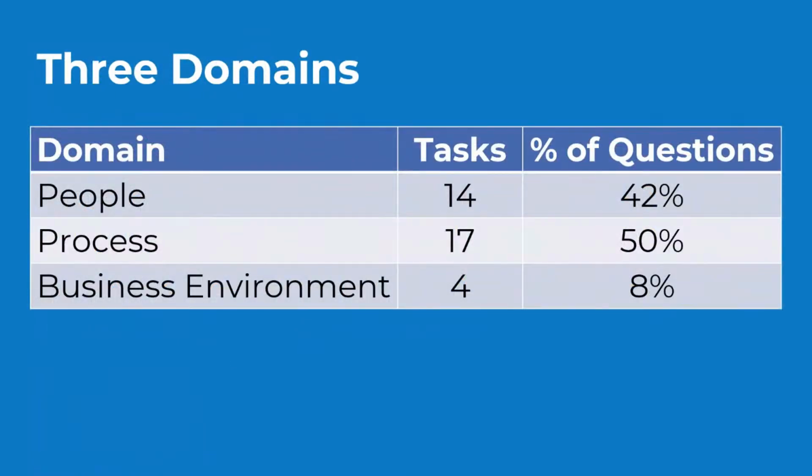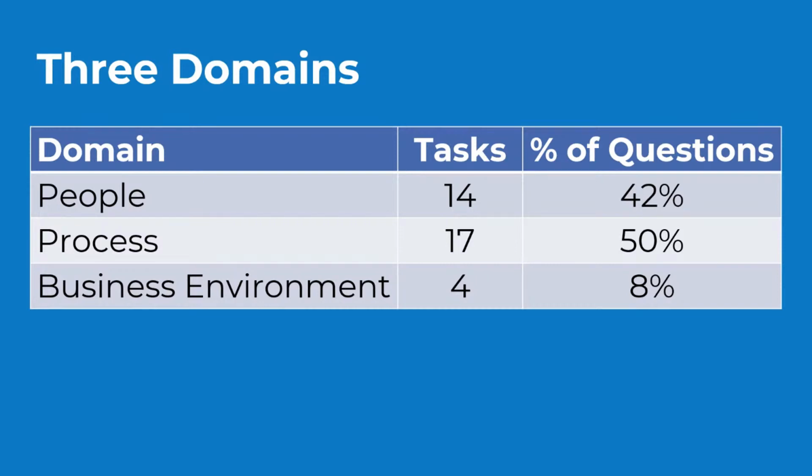Moving on. These are the 3 domains. This is important for you to understand, okay? Because within the people domain, there are 14 tasks, and you can expect 42% of the questions of the PMP exam to come from the people domain. Things like leading a team, working with stakeholders, that's part of the people domain. 42% of the questions come from there.